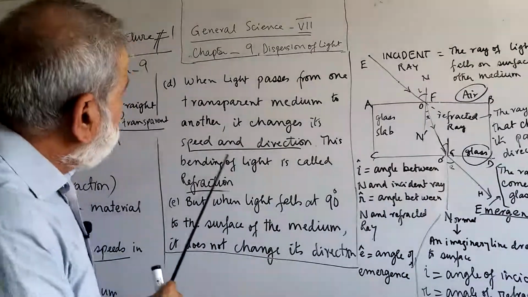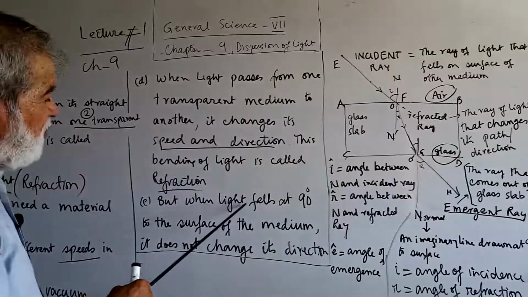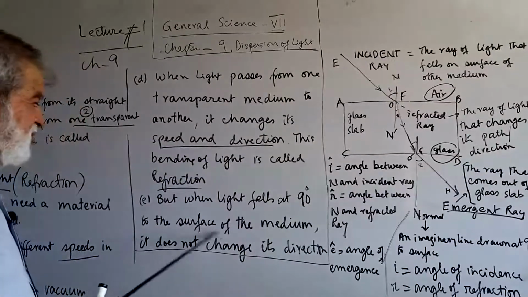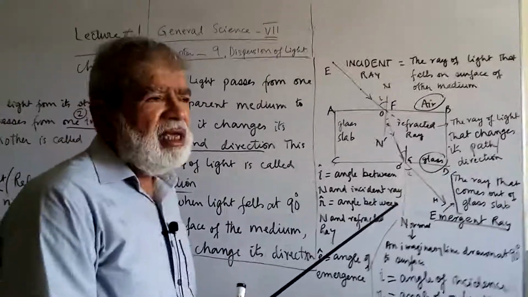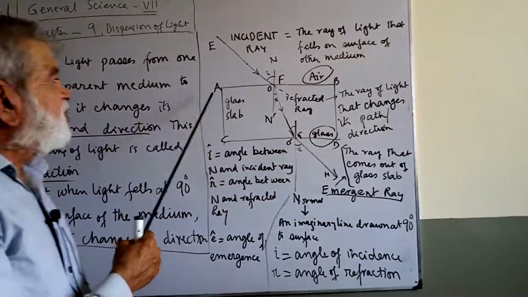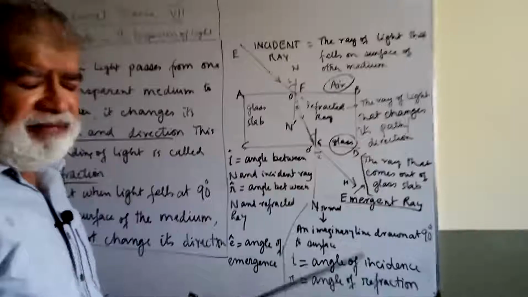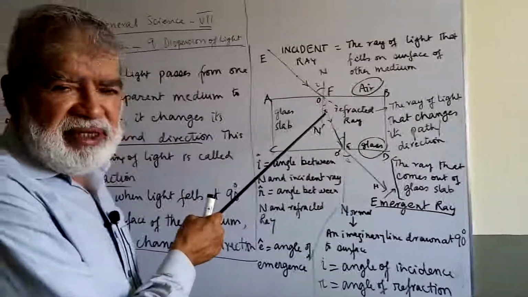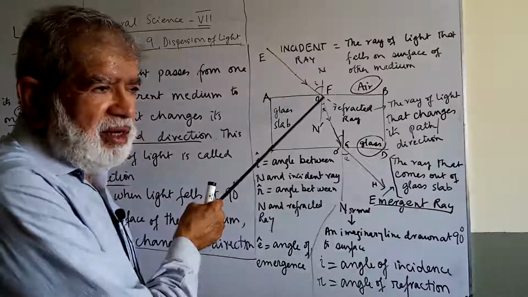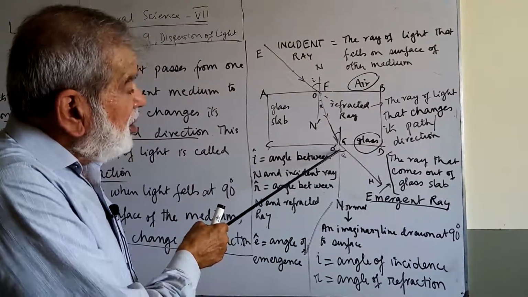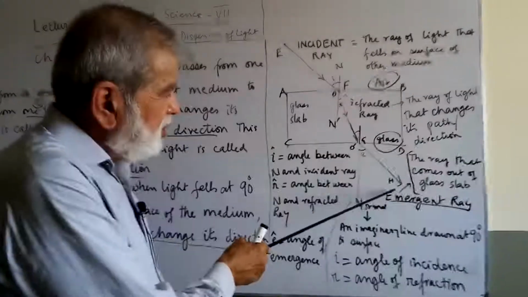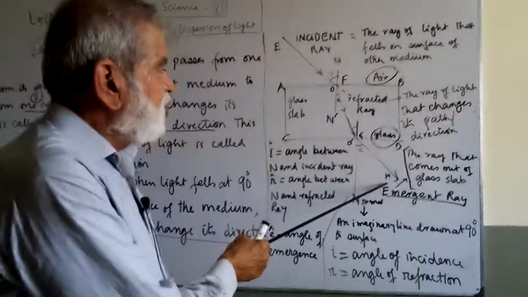Okay, now the next thing is when light falls at 90 degrees to the surface of the medium, it does not change direction. And then there is a small experiment which says take a glass slab ABCD, let a ray of light EF be incident upon it, it will refract, and the refracted ray goes on the path FG and emerges out as emergent ray GH.